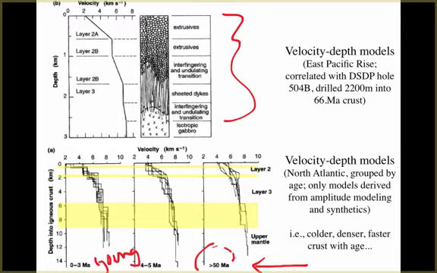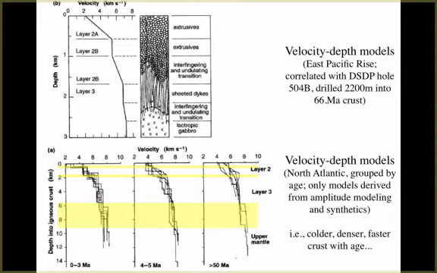And the differences are in part because as we move away from the ridge, the rocks are becoming colder, becoming more dense, and have faster seismic velocities.